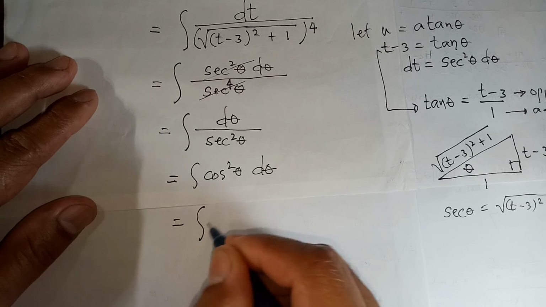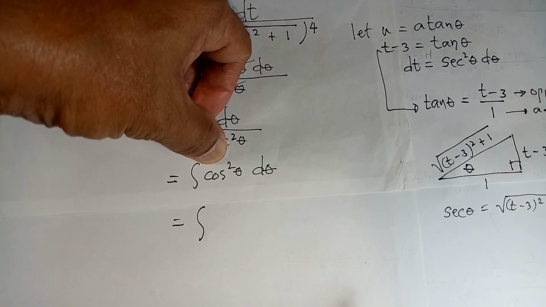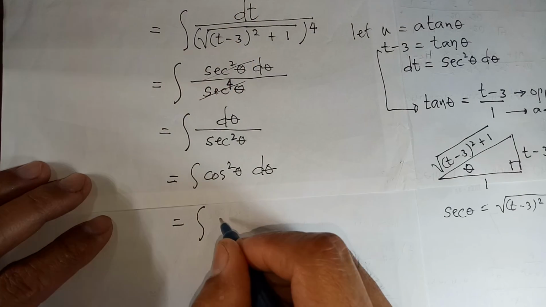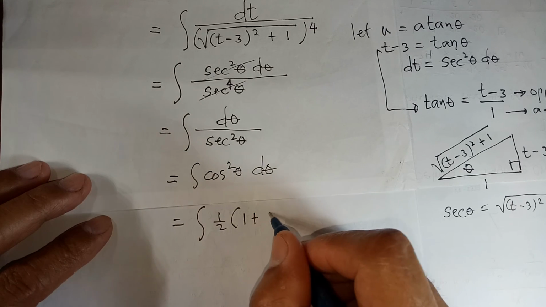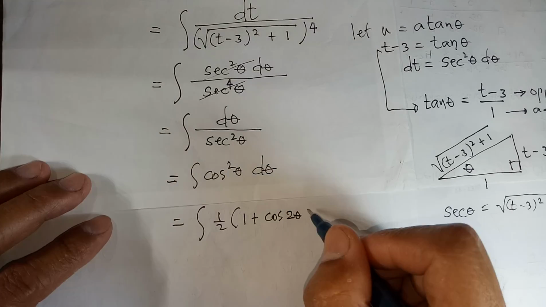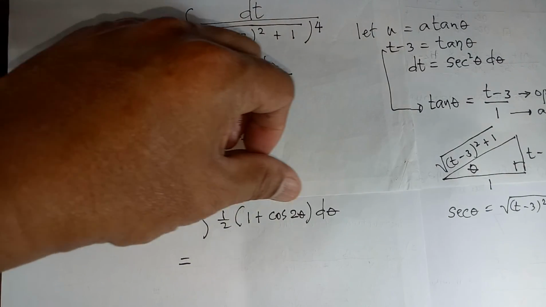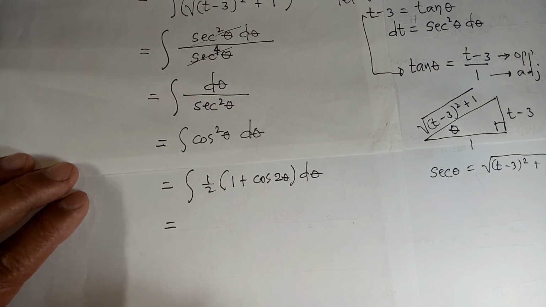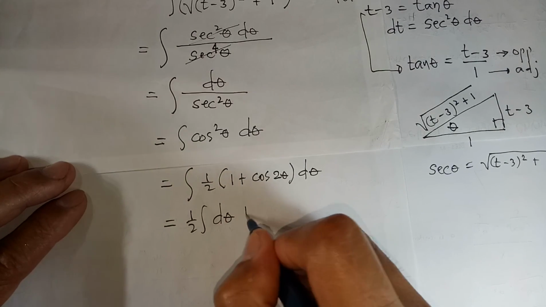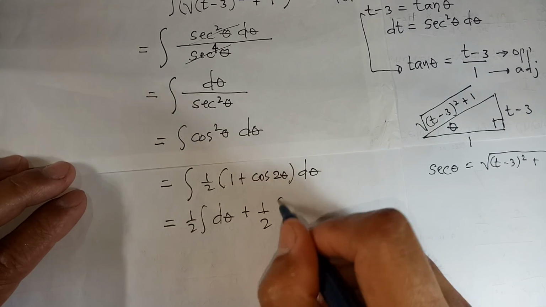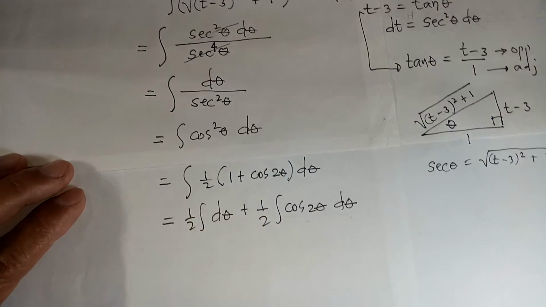And the appropriate identity for cosine squared theta to make the integral integrable is 1/2 times 1 plus cosine of 2 theta d theta. Tapos nun, multiply natin yung 1/2 sa loob at paghiwalayin natin ang integration ng bawat term. So, we will have 1/2 integral of d theta plus 1/2 integral of cosine 2 theta d theta.